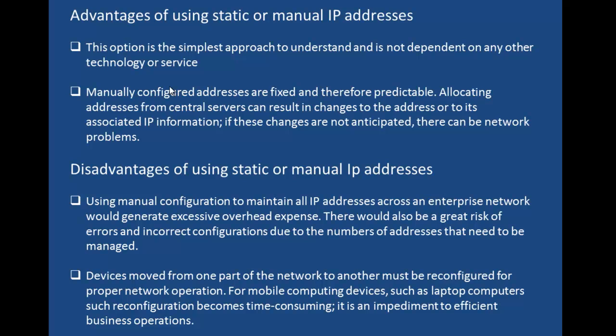The reason for that is that we need the address of the server and the printers to be fixed. And when you give a machine a manual IP address, that is a fixed address, if you compare that to a DHCP address from the DHCP server, a DHCP address changes. So therefore, it is not fixed.